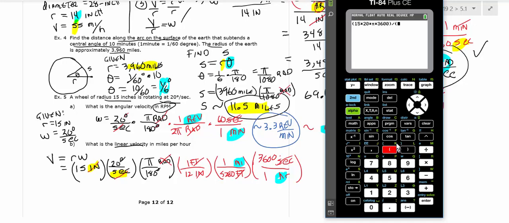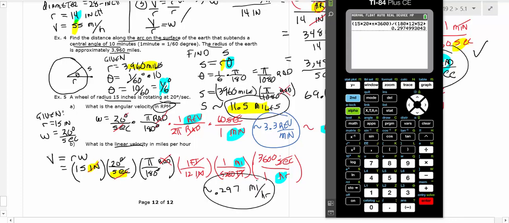And then do the denominator in parentheses. So that's 180 times 12. And then times 5,280, and then close off the parentheses, and then we got it. Okay, so I think I got everything in the calculator right, so that is going to be about 0.297. I'll just round it to 0.3, and then that would be miles per hour.